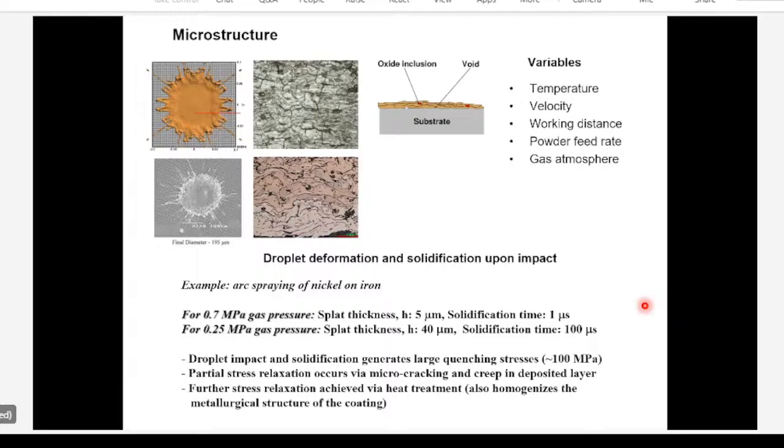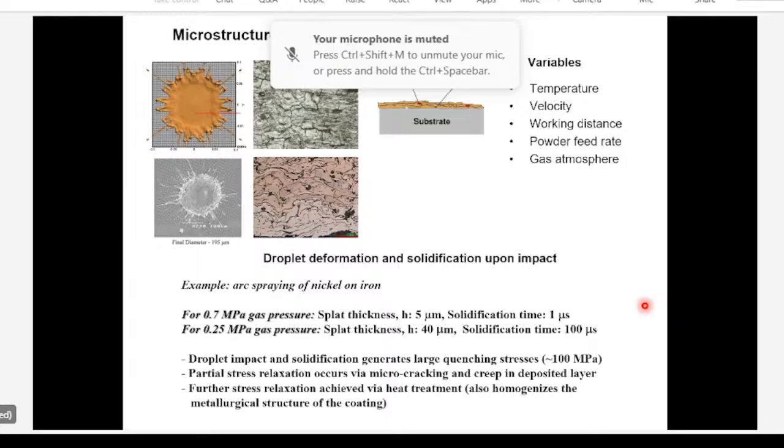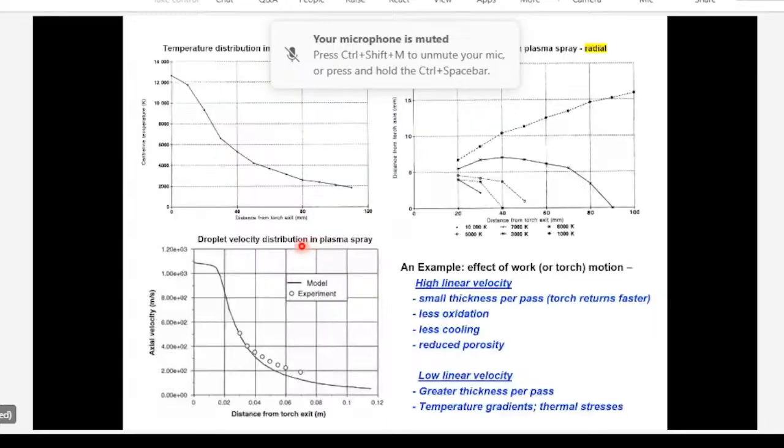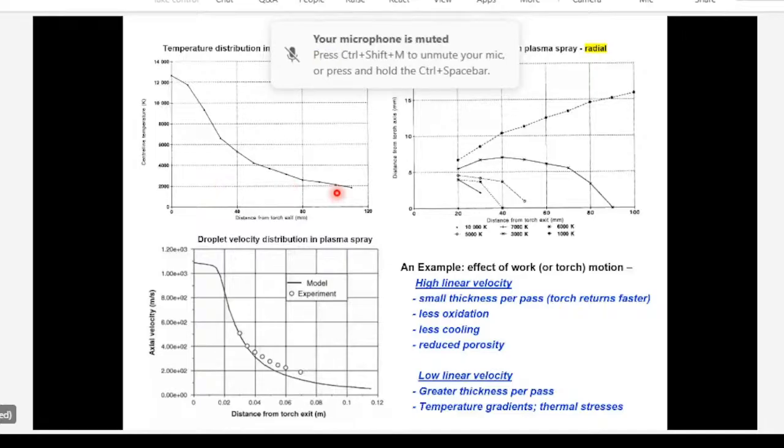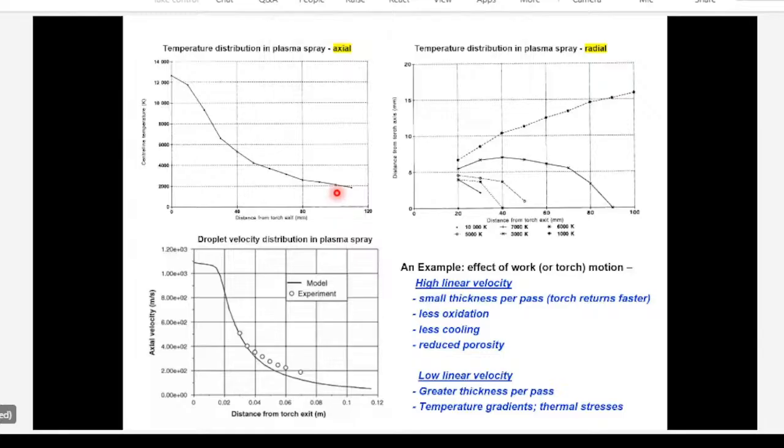What is the temperature in front of the gun nozzle? So we have a nozzle out of which the droplets are coming out, and then spray. How does the temperature of the droplet in the spray vary with the distance from the torch exit? This is the central line temperature in front of the nozzle as a function of distance from the nozzle in millimeters.